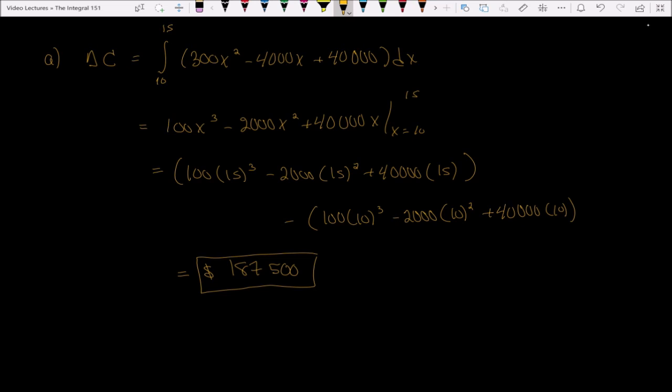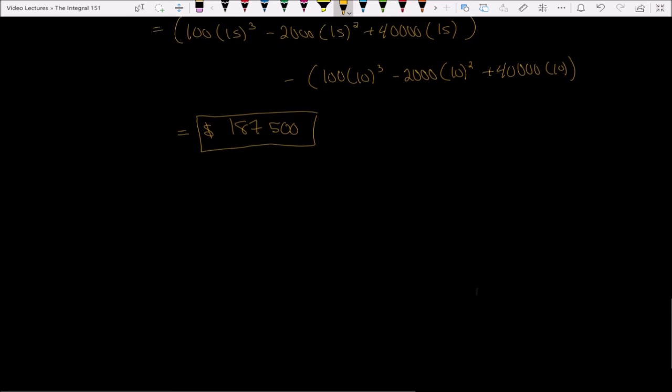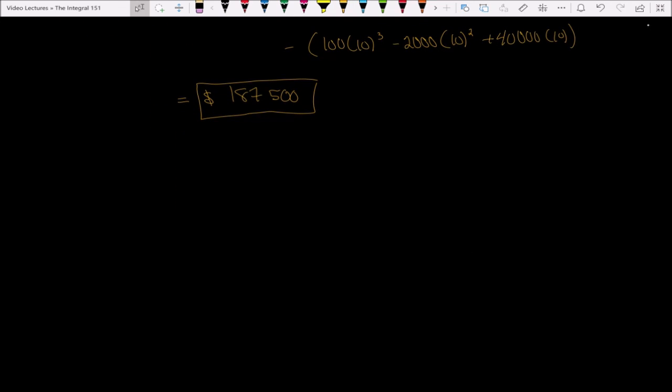Now, for part B. Determine total cost of producing 15,000 chips.